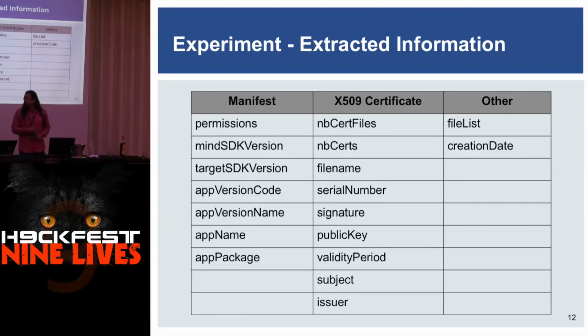And there's also the issuer. We're not going to look at it. And the other thing that we've looked at is the file list. So how many files, which files are included in the APK, and the creation date. I've mentioned that we believe that most of our applications or malware are from 2015 and 2016.